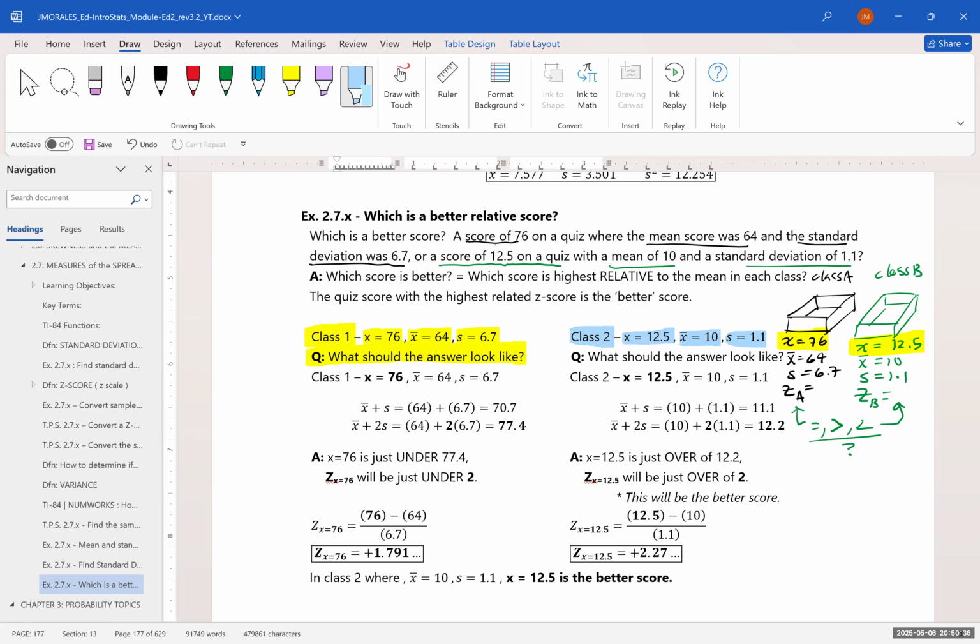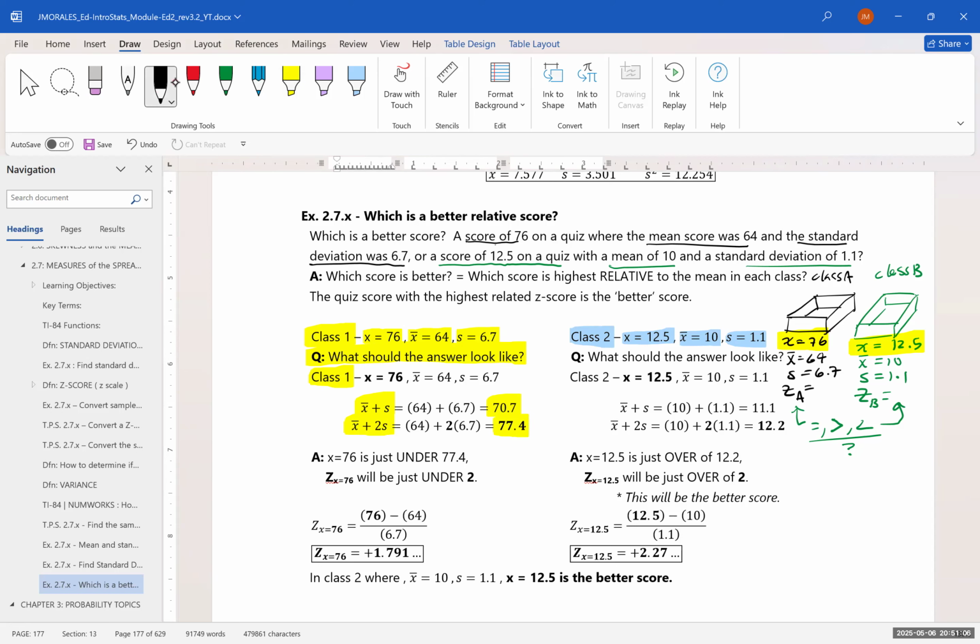It's also very useful to try and establish an expectation of where you would expect your answer to fall. If we take our mean and we add one standard deviation, we get a score of 70.7. If we take our mean and we add two standard deviations, we get a score of 77.4.